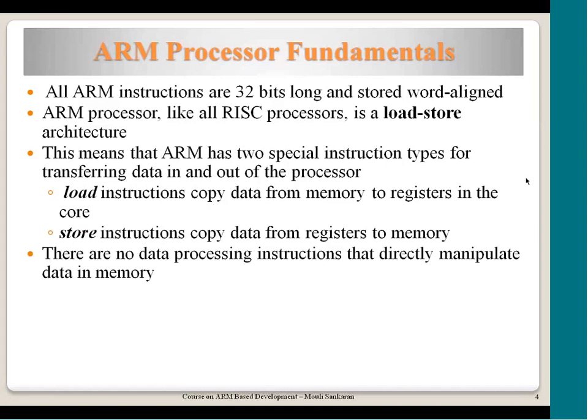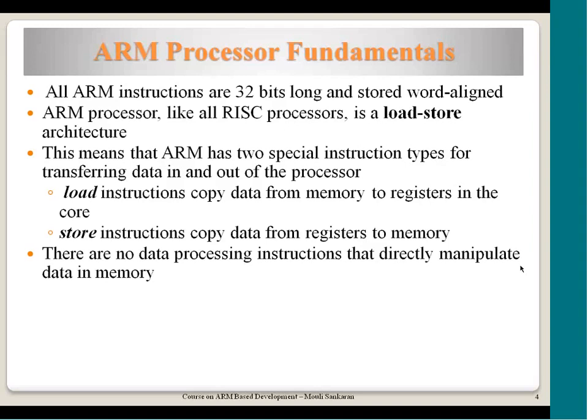Now all of the data processing instructions, for example arithmetic or logical operations, can work on only register operands. So any of the data processing instructions need to work only with the registers. That means if the processor wants to add two values which are stored in the memory, first of all the processor has to load those contents from the memory to one of the internal registers which we saw in the last session, and then it can perform addition on those two register contents.